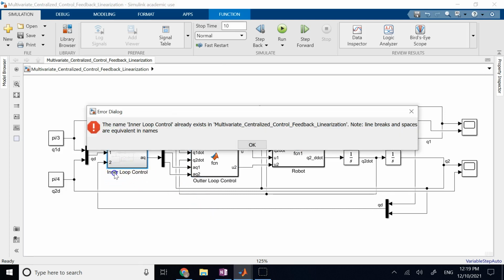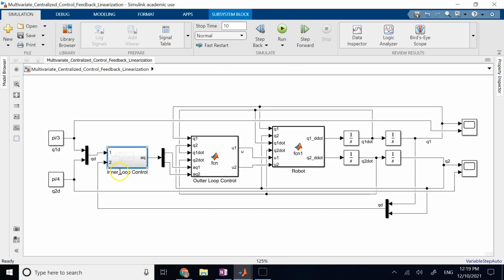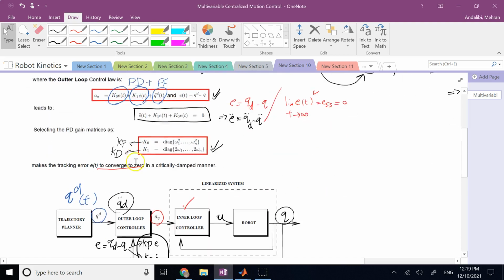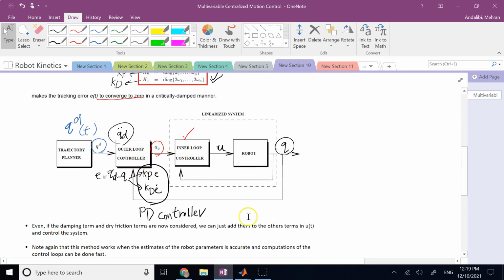This is the inner loop, this is the outer loop. So this is the outer loop, and this guy is the inner loop. Correct? That's what we had over here, outer loop and inner loop.